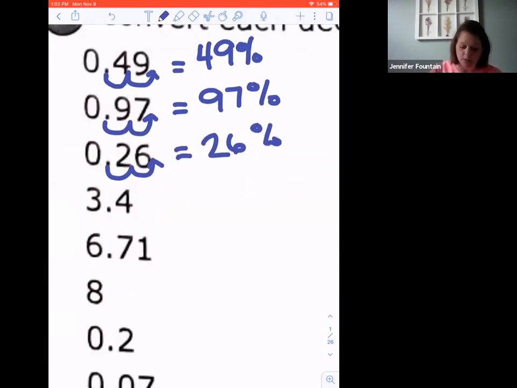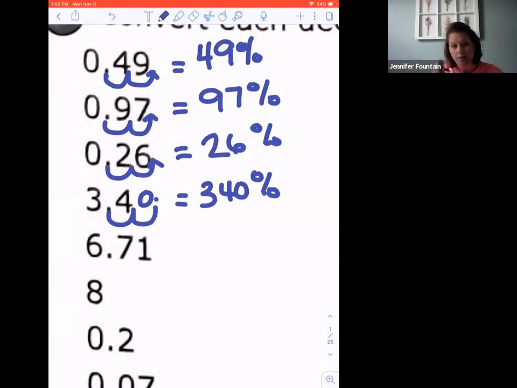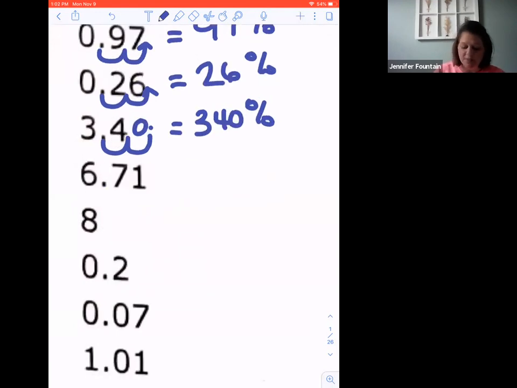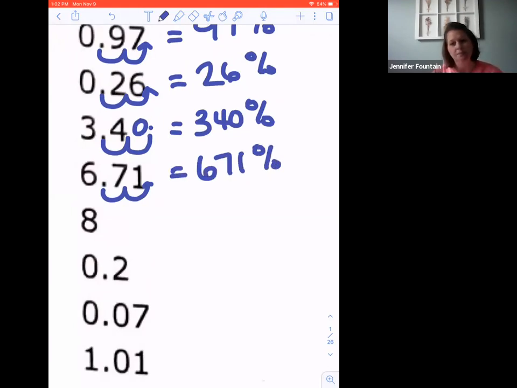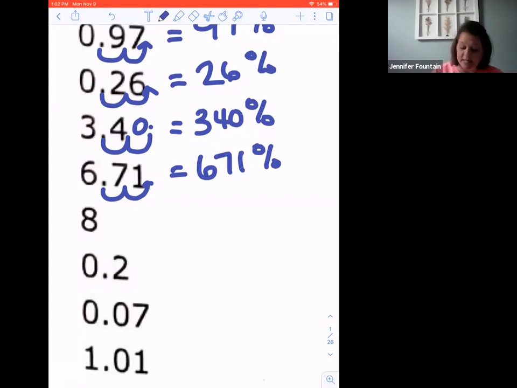Now 3.4, 2 places to the right, I have to backfill with a 0, so I have 340%. 6.71, 2 places to the right, 671, add a percent sign. With 8, I understand my decimal is after the 8, so I've got to move it 2 places to the right.